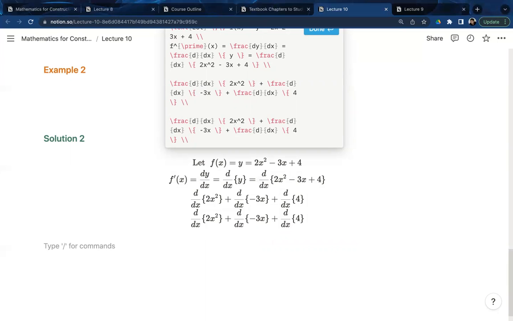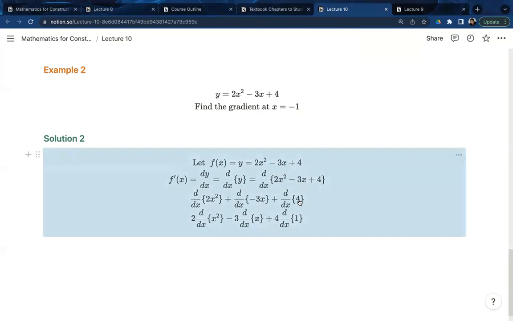I could put the 2 here, take it out from here. I could put the -3 here, take it out from here. And the 4, I could just leave the 4, but if I follow the rule, 4 is 4 by 1. So I could pull out the constants.